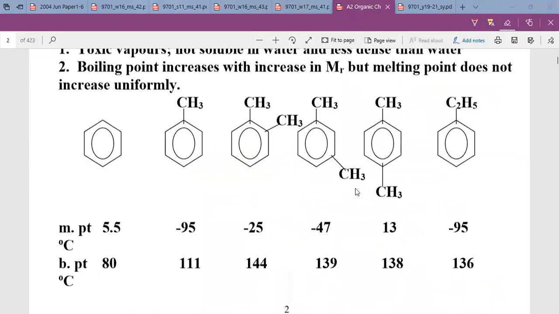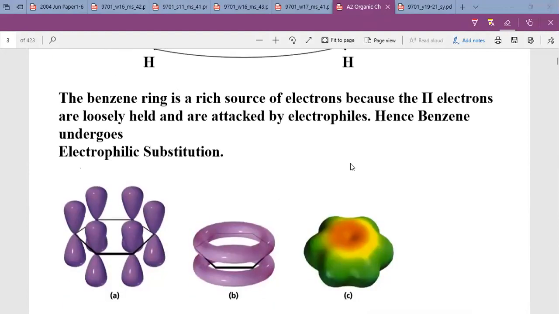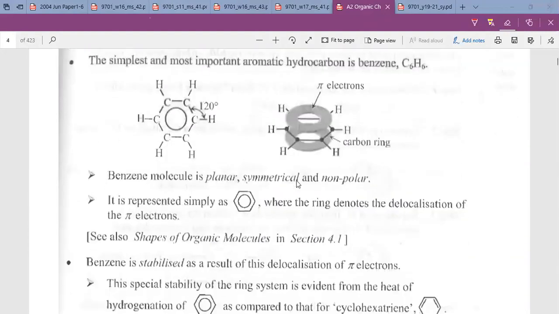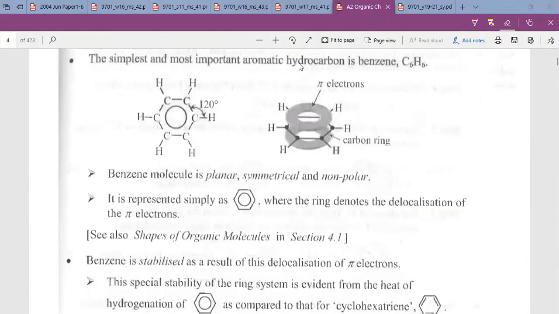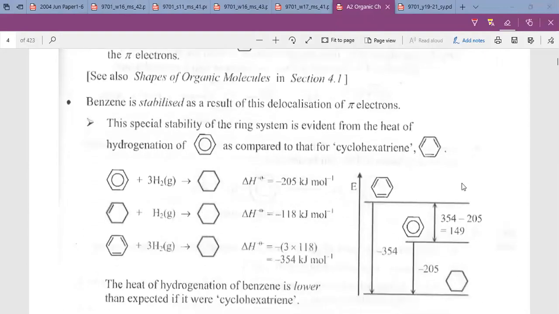Stability, how we actually see it from the thermochemistry point of view. Now, I told you that for benzene there are two structures you can see here. This one is called the resonance structure.